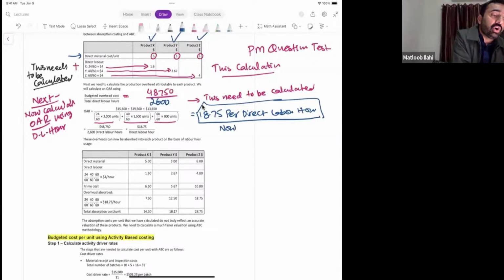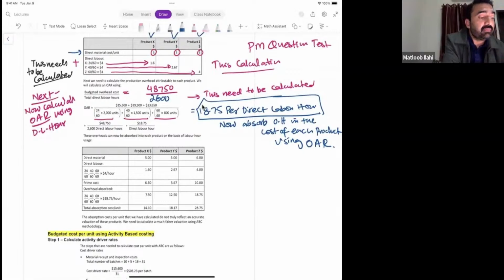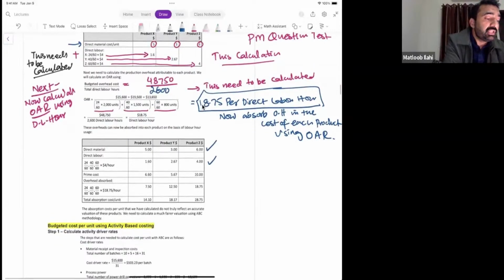Now absorb overheads in the cost of each product using OAR. So in this table, you can see that direct material cost is already done, direct labor cost we have already done.